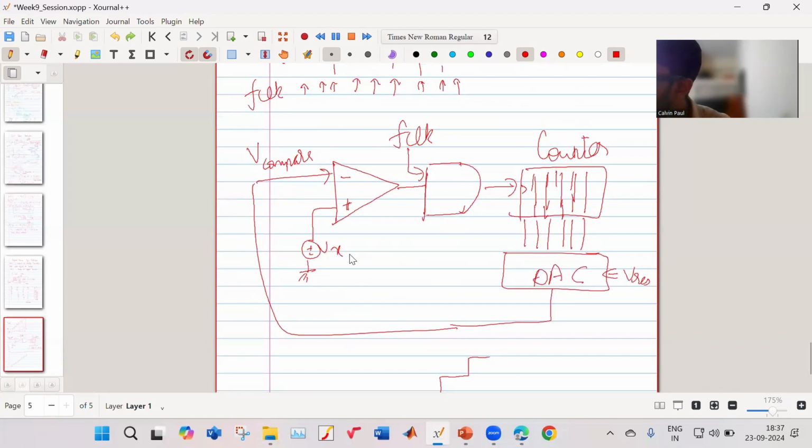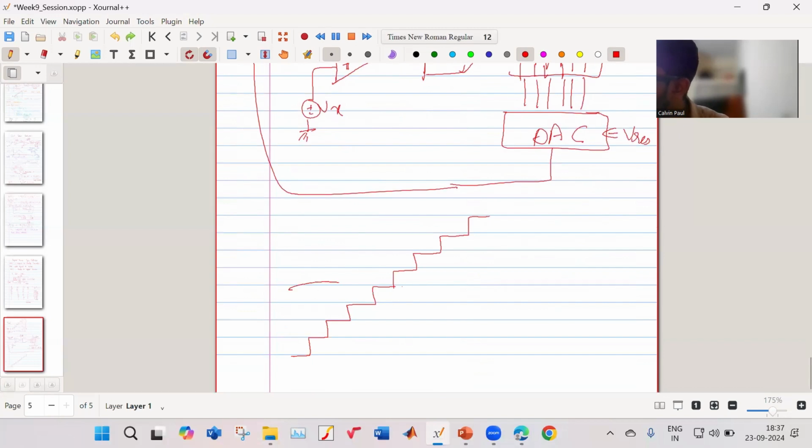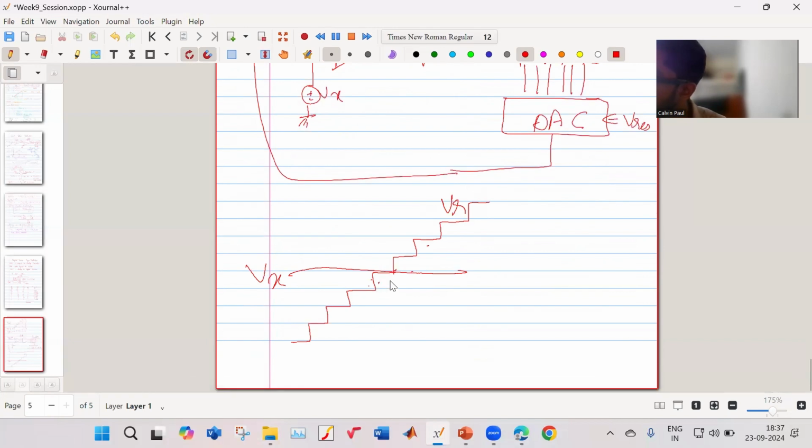Let's say this is my Vx and this is my VR. So when VR becomes greater than Vx, what will happen?